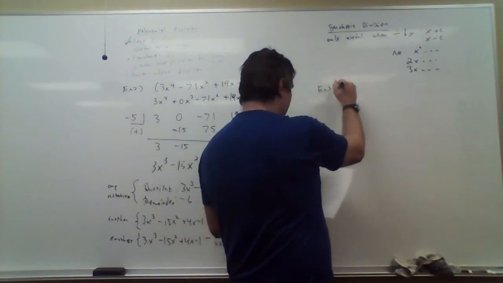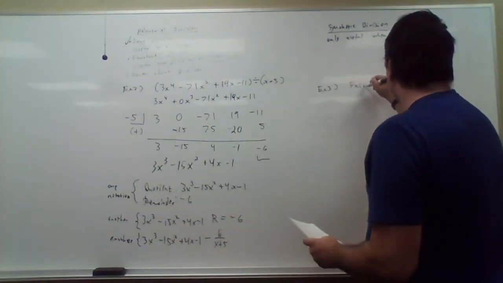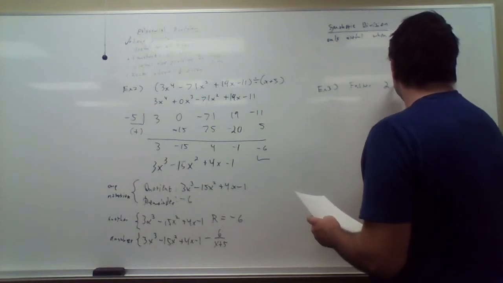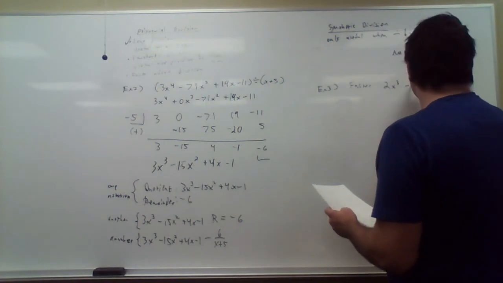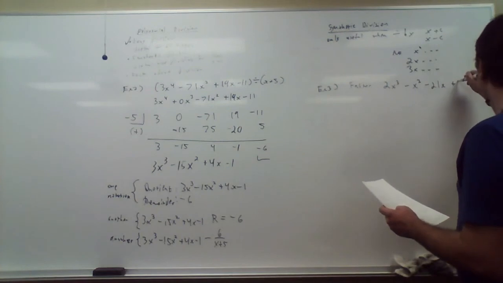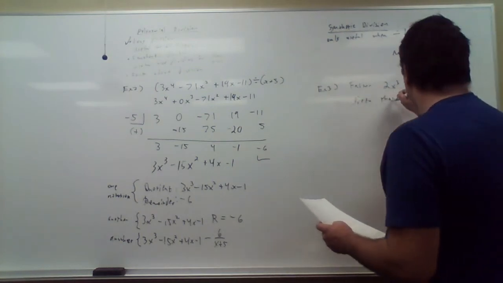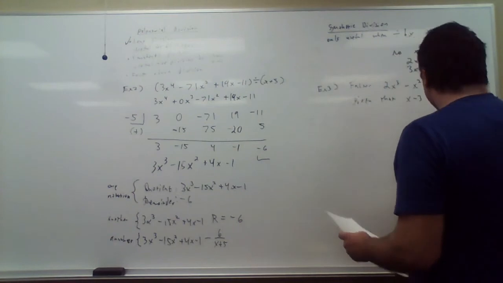Example 3. Factor 2x cubed minus x squared minus 21x plus 18, given that x minus 3 is a factor.